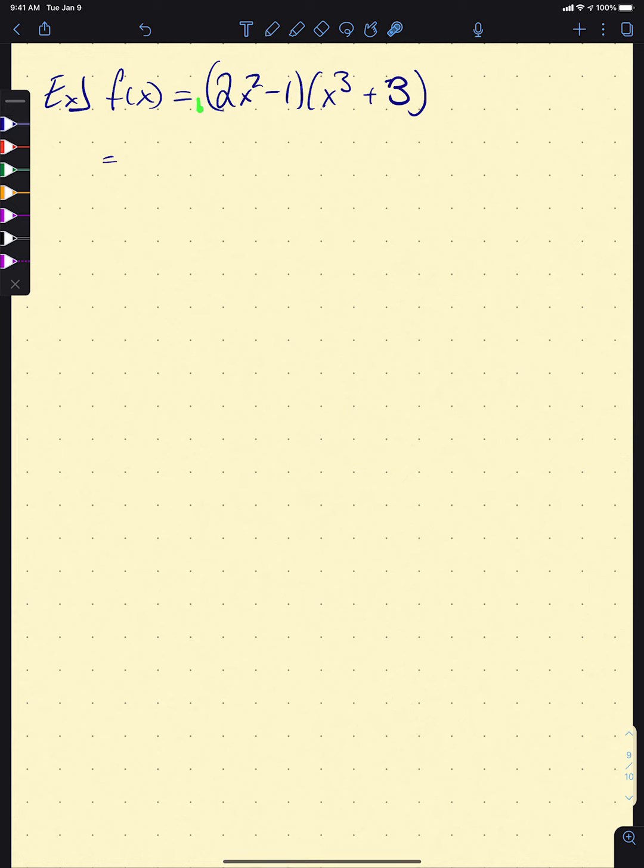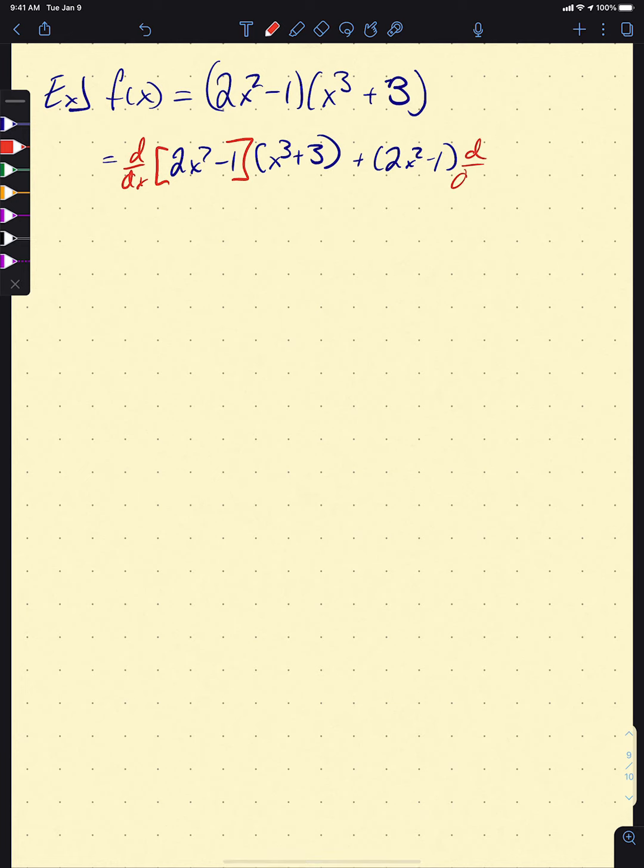So in this case, this is one of our functions, and this is the other. So we're going to get the derivative of 2x squared minus 1 times x cubed plus 3, plus 2x squared minus 1 times the derivative of the second, x cubed plus 3.